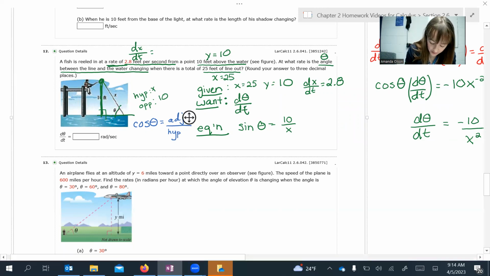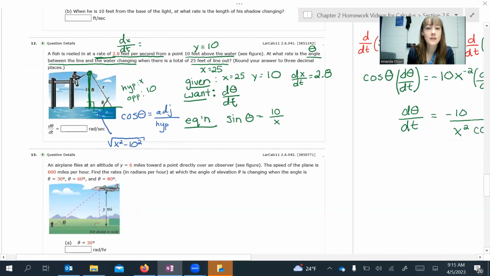If we use the Pythagorean theorem, this is going to be the square root of x squared minus 10 squared. So that would end up being our adjacent, and that's going to take up the numerator of my cosine theta, and then my denominator would be the hypotenuse, which is just x.